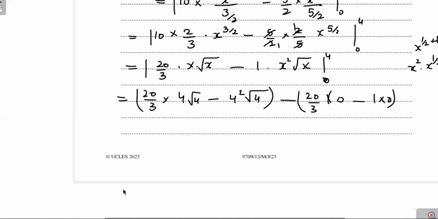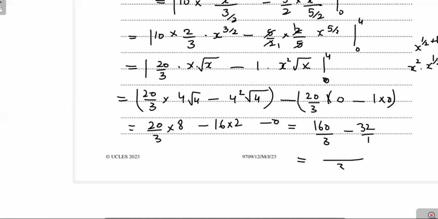Now this value becomes 20 over 3 multiplied by 4 into 2 is 8 minus 16 into 2 minus 0, and that's equal to 160 over 3 minus 32 over 1. Therefore that value will be equal to 160 minus 96, and that's equal to 64 over 3.